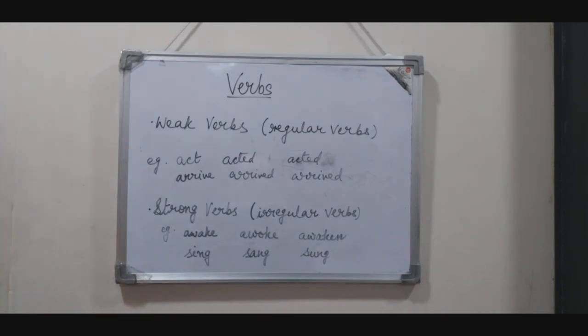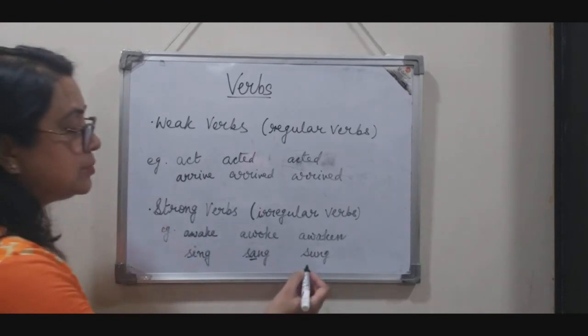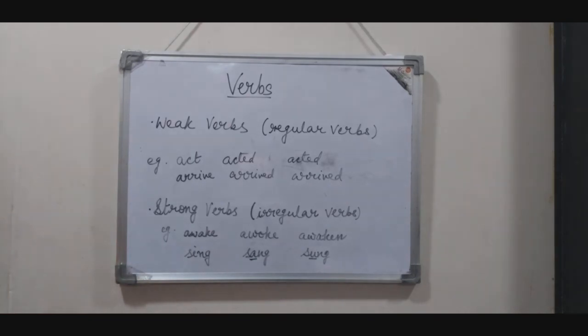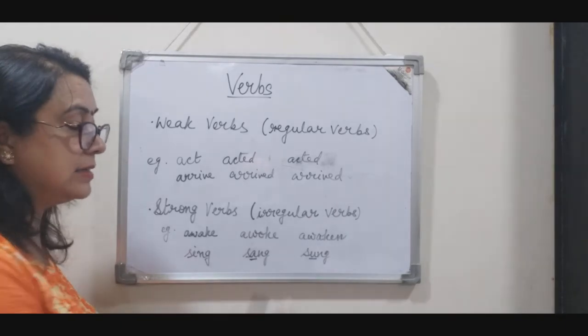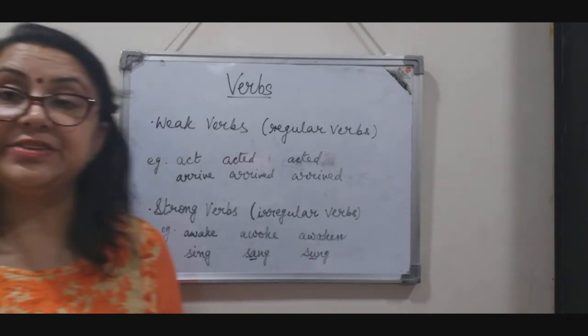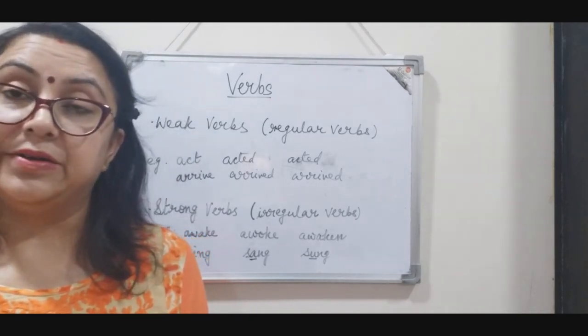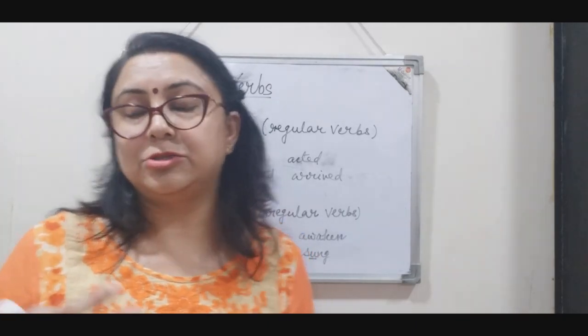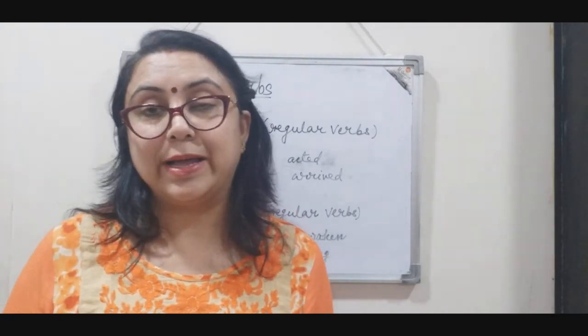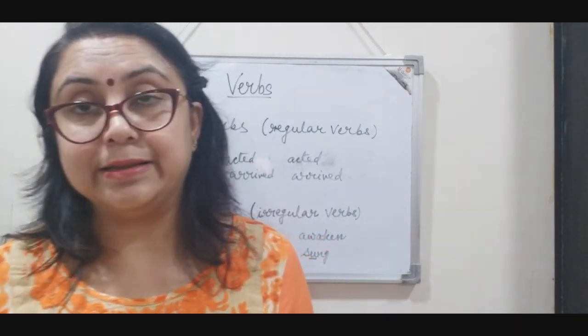So the vowel changes from I to A. And in the past participle form, the vowel changes to U. So the three forms are sing, sang and sung, right? So this is the basic difference between weak verbs and strong verbs. I hope the topic is very, very clear to you.